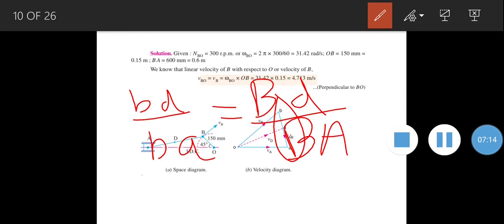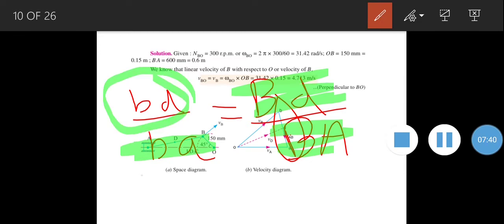We know the distance BD and the distance BA. The small letters represent the velocity diagram and the capital letters the space diagram. If we substitute all the values, we can get this bd distance.